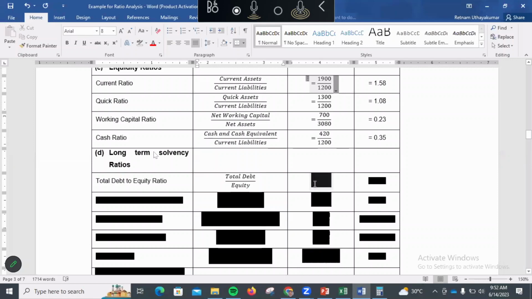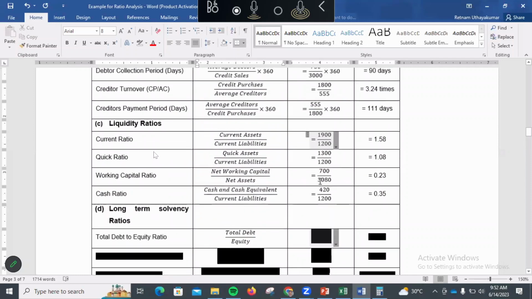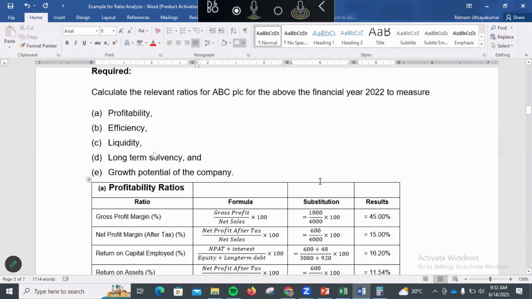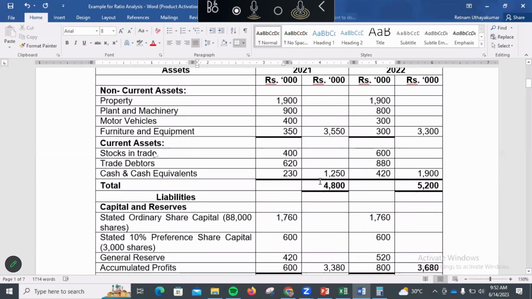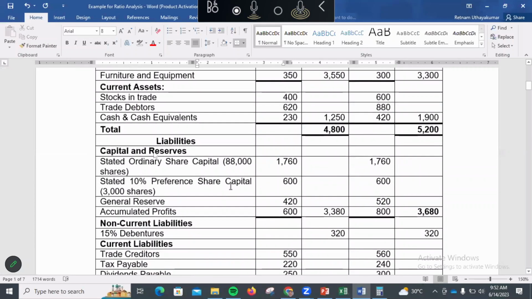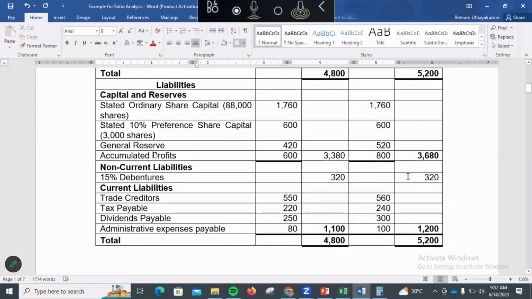So you have the values for the total debt. So how can I get it? Non-current liability is there, so that is the major long-term debt. Even the current liability is also part of debt. Those are called short-term debt.